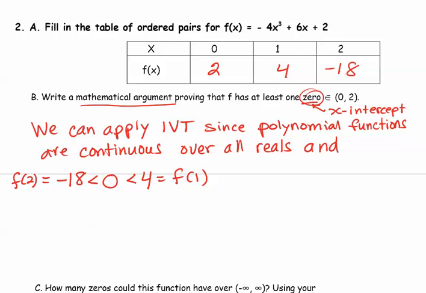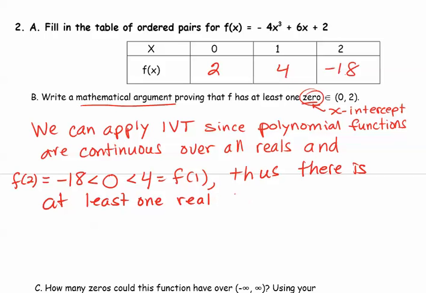So we know that because our target happens between two y-coordinates, then, or you might say thus, there is at least one real, and it doesn't have to be c all the time, I just choose c as a constant.